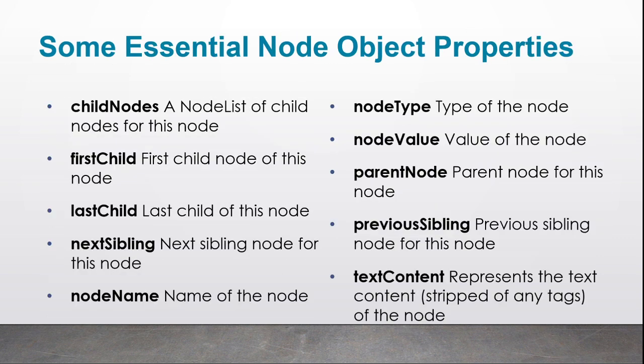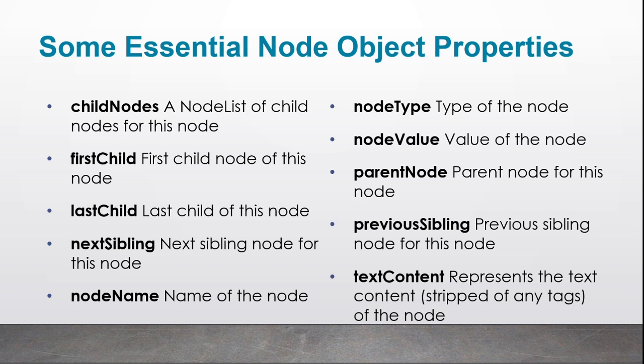Okay? So let's go back here. The node name is the name of the node. We'll get into that in a little bit. The node type is the type, and then the node value is the value. These are obviously kind of, you get it, right? Just from the name. This is why you try to name things in a way that makes sense so that people can look at it and be like, oh, I get it.